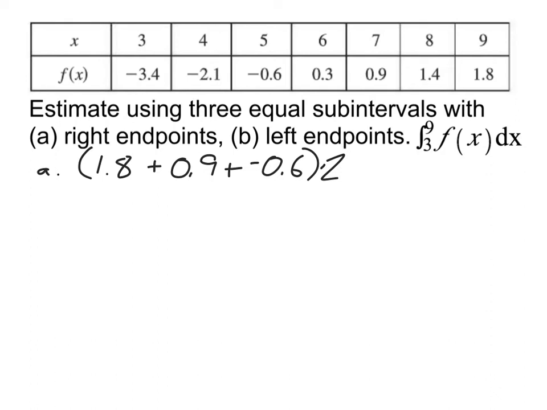Or 5 to 7, 2 apart, and so on. And so this is the actual calculation I'm going to do to find my estimate for my integral. 1.8 plus 0.9 minus 0.6, times 2, gives us 4.2 as the area under our curve. That is what we found by doing the integral.